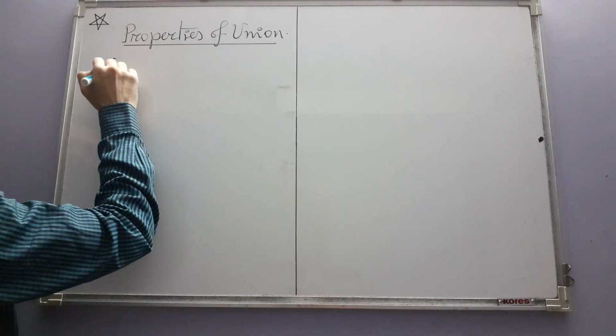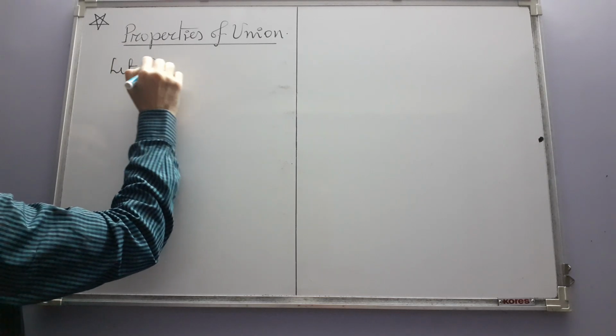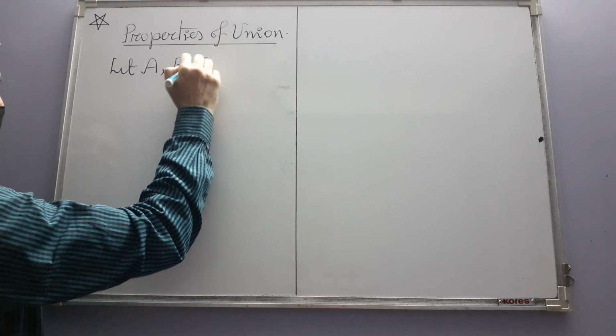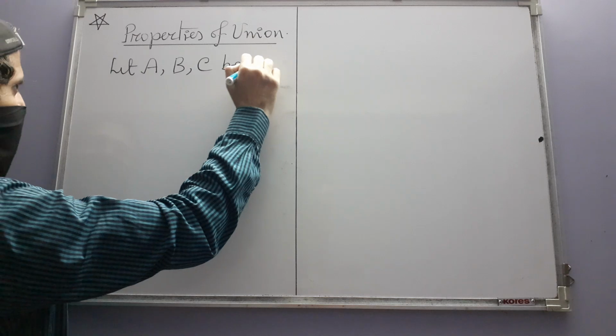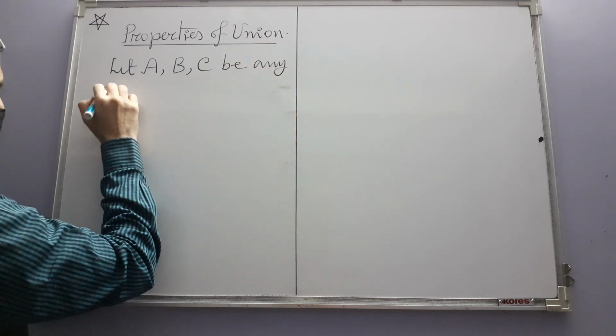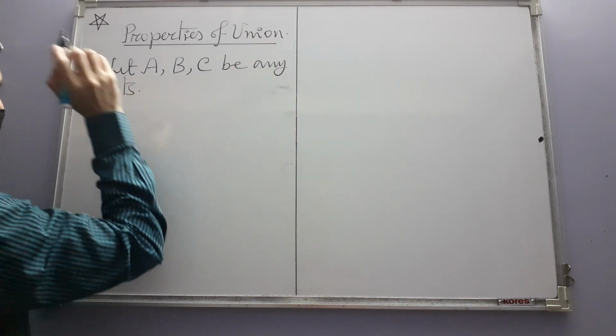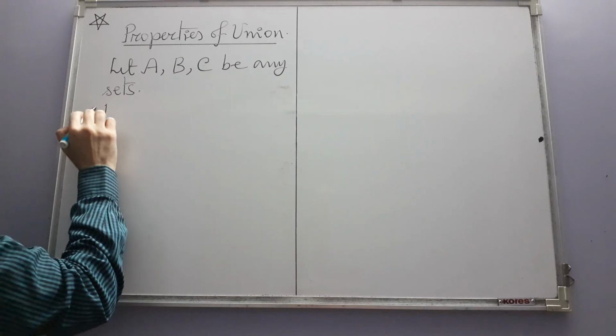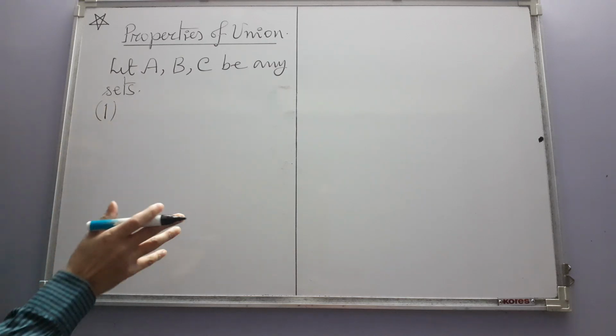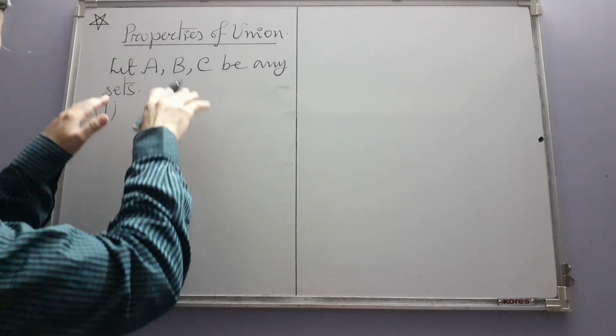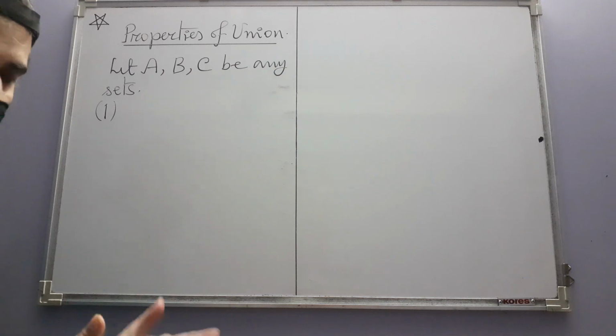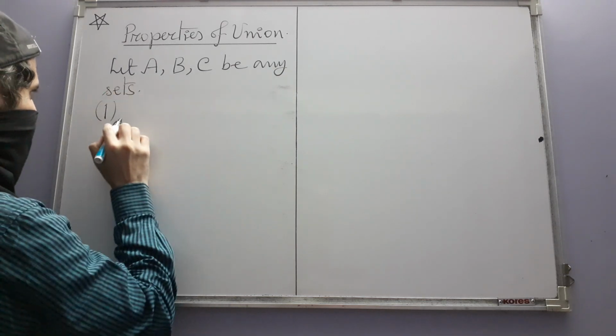Let A, B and C be any sets. The first property, there is actually no first or second, this is just one of the ways of showing them.